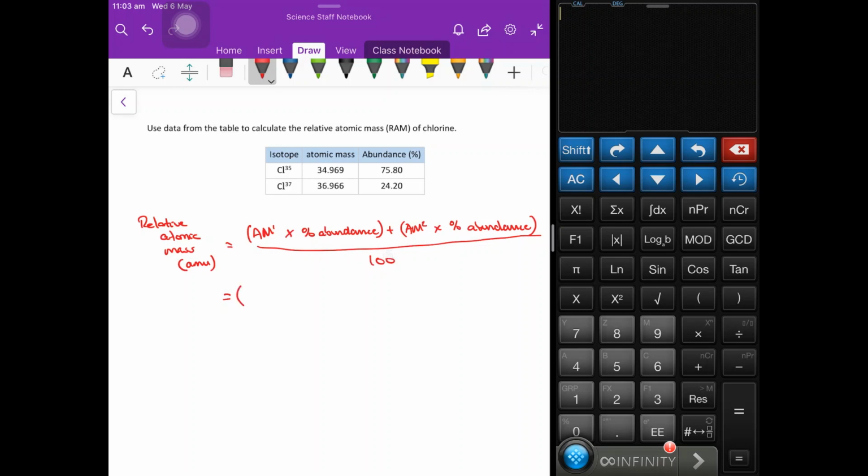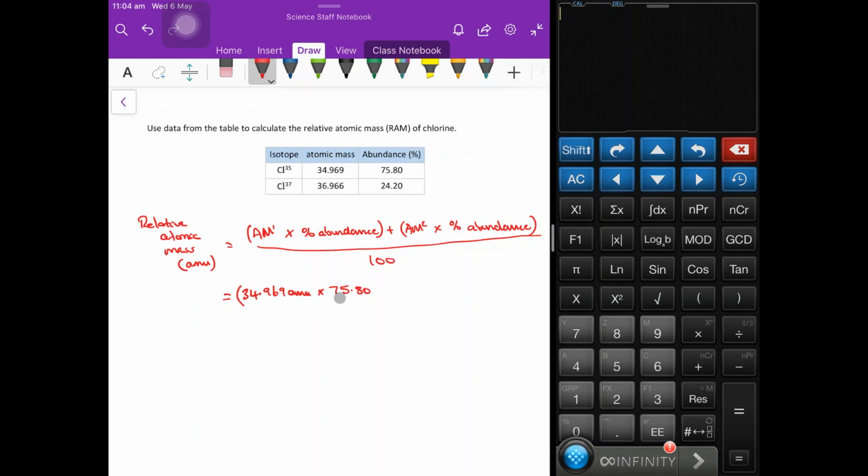So atomic mass of isotope number 1, if we say chlorine 35 as isotope number 1, is 34.969 AMU times percentage abundance, so 75.80. And I can't put it as a percent, I have to put it as a number. Otherwise the calculator will interpret what I'm trying to do differently. It'll give me 75.80% of this value, which is not what I want it to do.